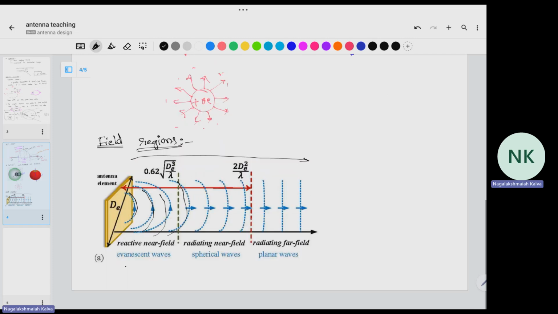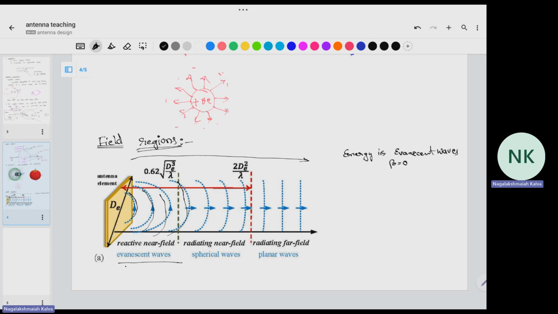So in the initial region, this is the reactive near field region where the energy is concentrated in the form of evanescent waves, meaning to say these waves will have beta equals 0, no propagation.